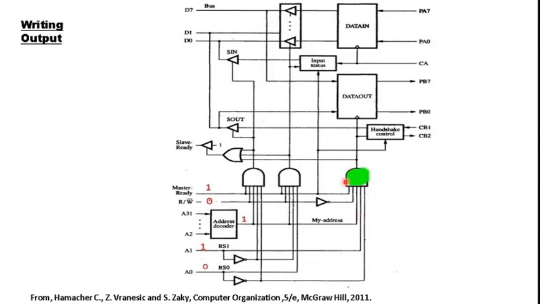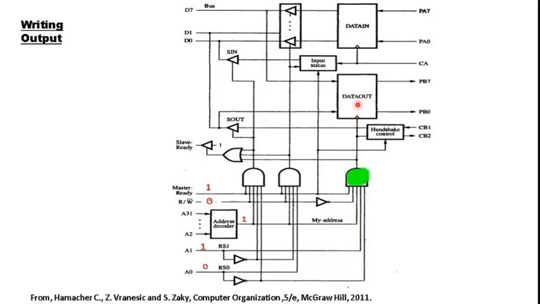Almost all the conditions required to activate this AND gate are okay, but the status of the A0 and A1 lines has to be determined. If you observe here, in order to activate the corresponding lines from A0 and A1 incident on this AND gate, we have to keep A0 as 0 and A1 as 1. When this condition is met, this AND gate will be triggered, and it will act as a clock, or a rising edge, to data out.